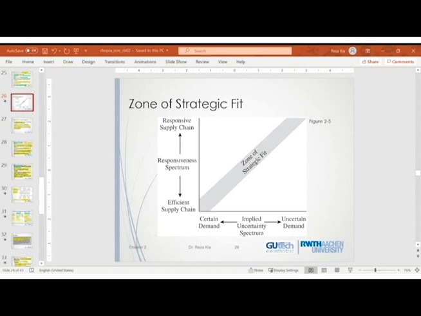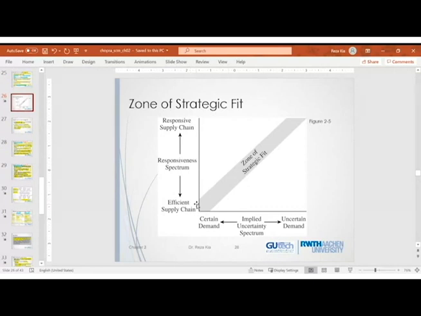Okay, here we go. As you remember, we reached this strategic fit, which is mapping the implied uncertainty in a supply chain with the responsiveness spectrum. And we discussed that if the level of uncertainty in a supply chain is low, the supply chain should be designed to be an efficient one.